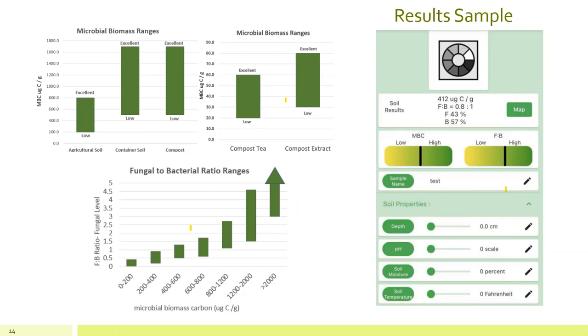So if you have something that you're trying out, either management or a new product, this is a good way to know, okay, well, did this thing work? Or am I heading in the right direction? Or am I actually causing detrimental effects to my microbial population by adding a certain amendment at a certain time of the year? So great tool to have. It's easily accessible and within reach of many.